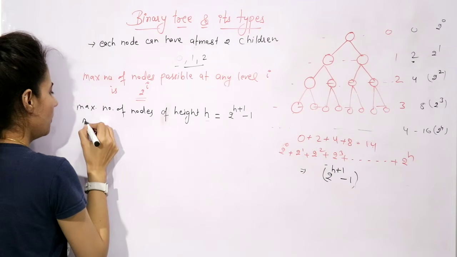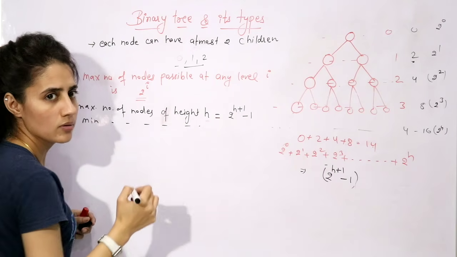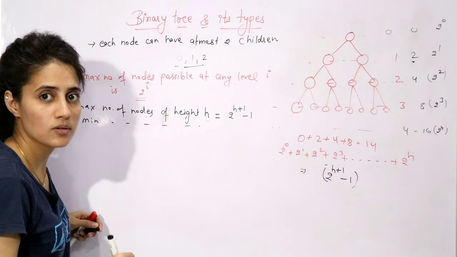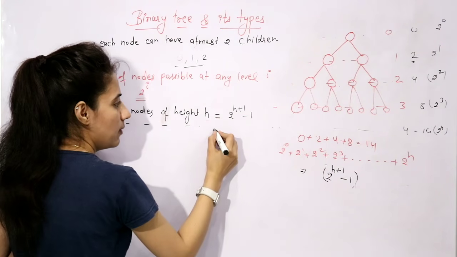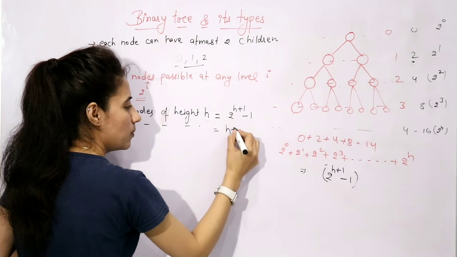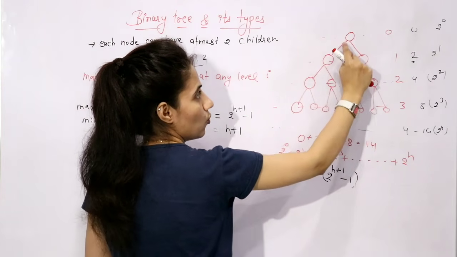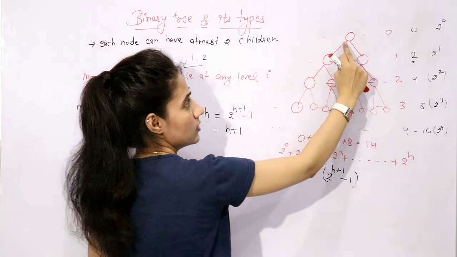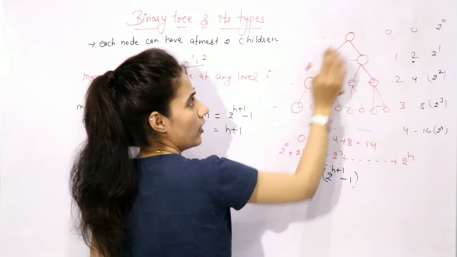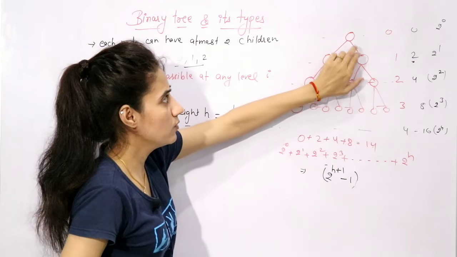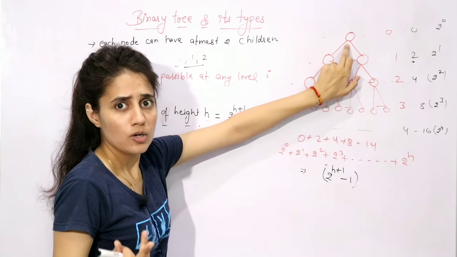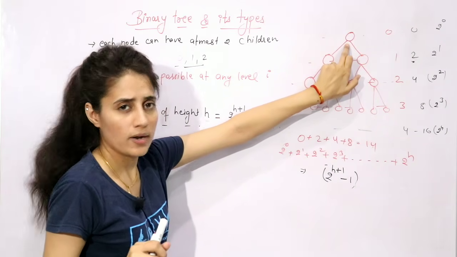And if I ask you the minimum number of nodes, if height is h, then see, the minimum number of nodes can be h plus 1. How? If height is 0, it means we have only one node, right? We don't have anything else, we have only one node, so the height is 0. So the minimum number of nodes is 1.